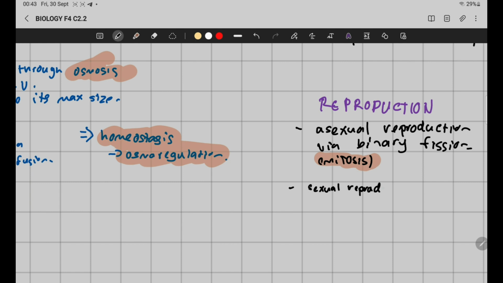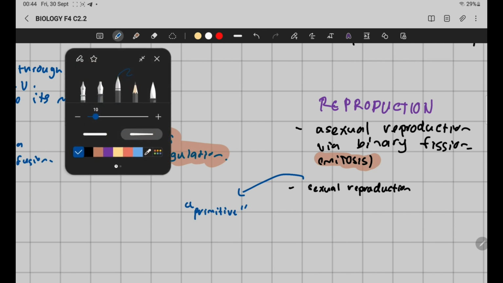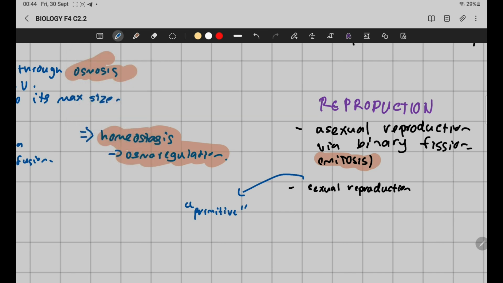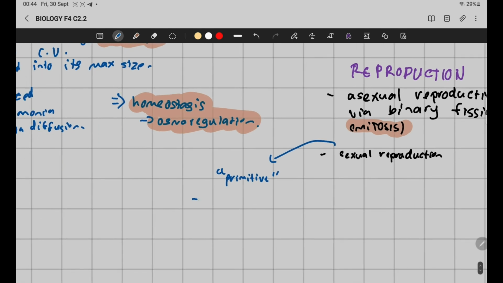It is not the same as in humans. The sexual reproduction here is primitive. What I mean by primitive is that it occurs on the simplest principle of reproduction, in which there is an exchange of genetic materials.